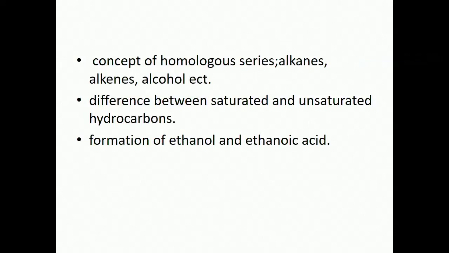For example, we have the alkanes, the alkenes, and alcohols, etc. Now, these members of the homologous series have their examples. For example, members of the alkanes, you should know them: methane, ethane, propane, and all that. Members of the alkenes, you should know them. Members of the alcohols, you should know them.